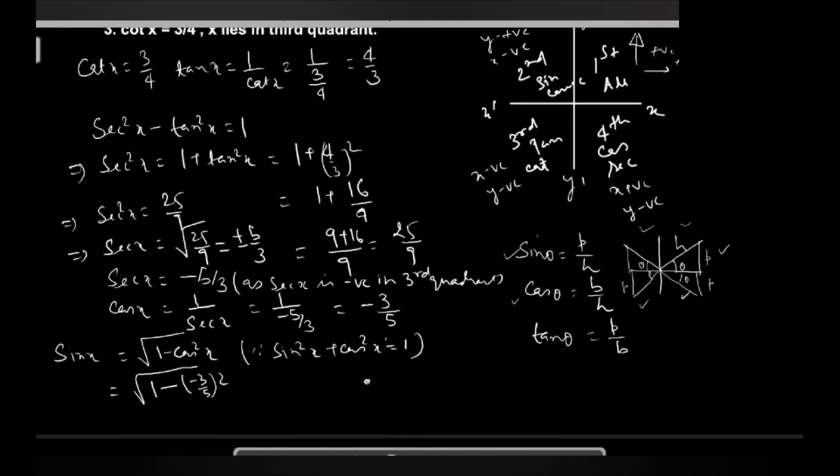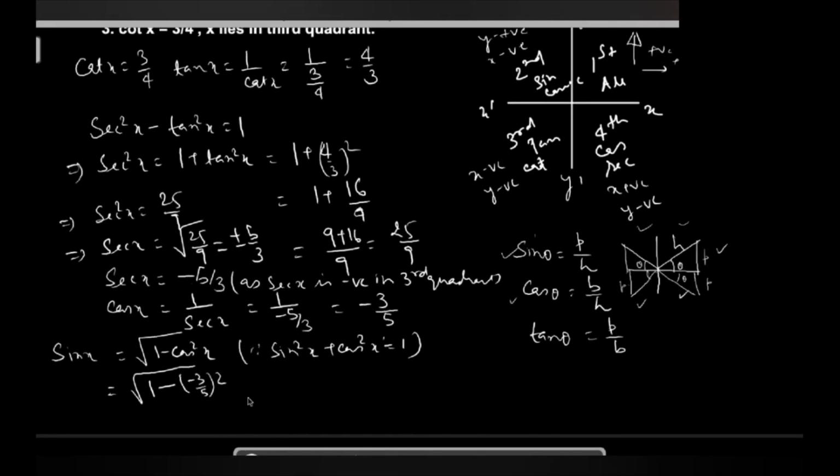Alright. Now what you will get here is 1 minus 9 by 25, which will be, let's write, take LCM 25, 25 minus 9, which is your 16 by 25, which will be plus and minus of 4 by 5.